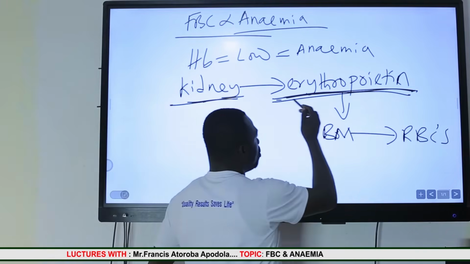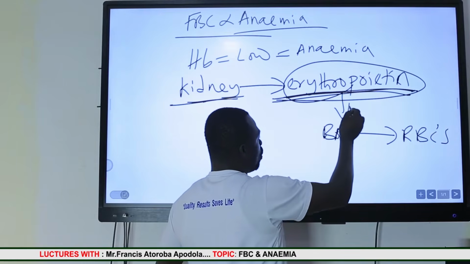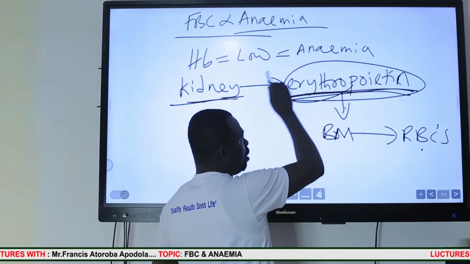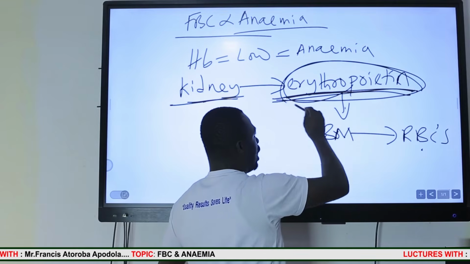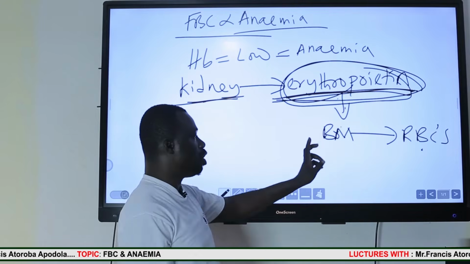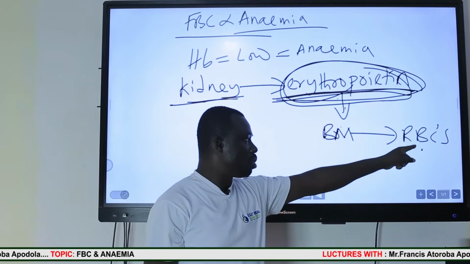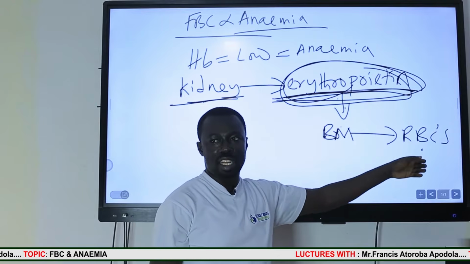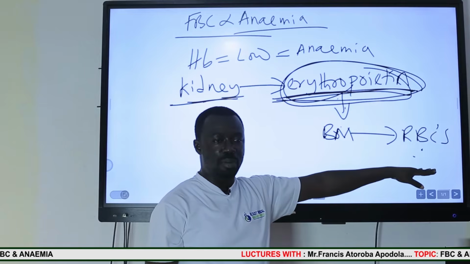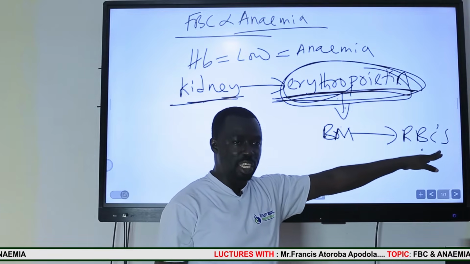And once we know that this is the hormone that is supposed to stimulate your bone marrow to produce RBCs, this means that kidney failure will result in a decreased erythropoietin level and hence a decreased stimulation of the bone marrow, and that results in the release of a decreased amount of RBCs. And the decreased amount of RBCs is called anemia.